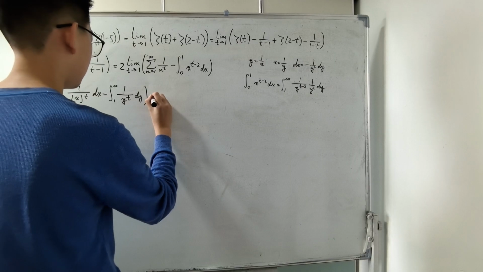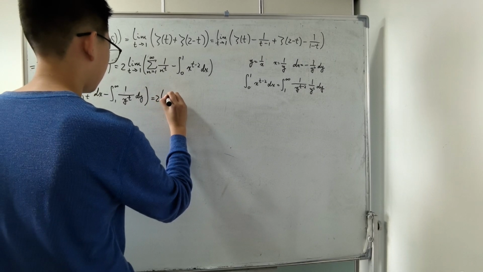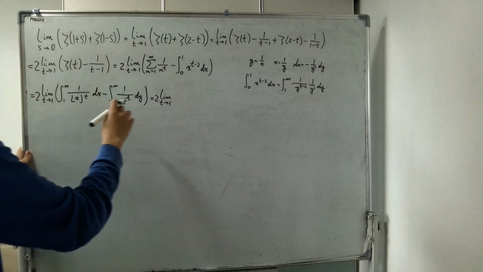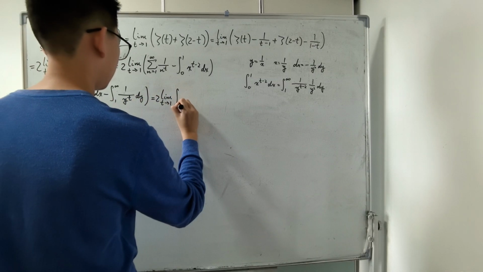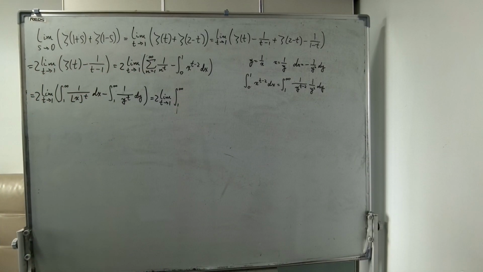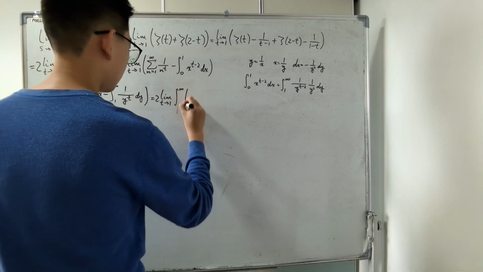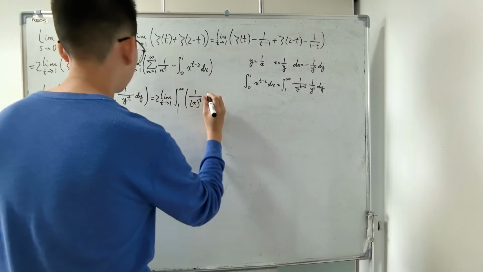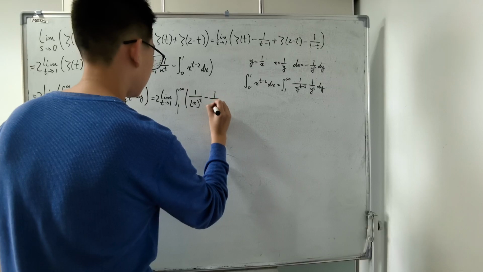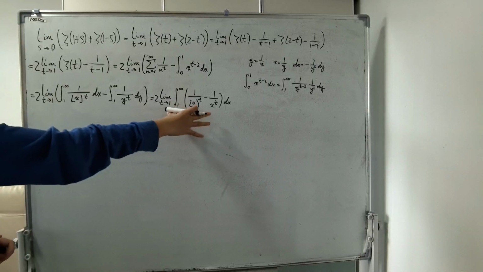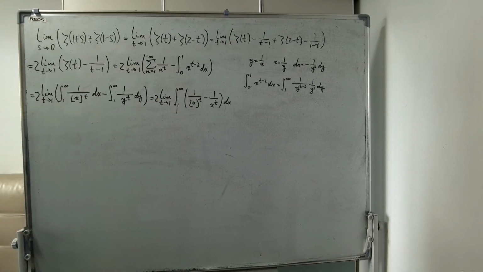We get twice the limit as t approaches 1 of the integral from 1 up to infinity of 1 over the floor of x to the t minus 1 over x to the t dx.